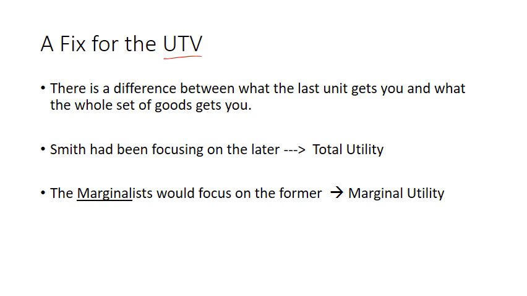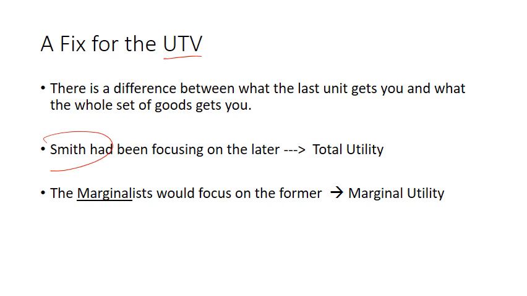There were three independent theorists, Stanley Jevons, Carl Menger, and Leon Walras, all who managed to fix the diamond water paradox in the early, about 1870. Each one of these folks had recognized that there's a difference between what the last unit of a good gets you in terms of happiness or usefulness and what a whole set of goods gets you.